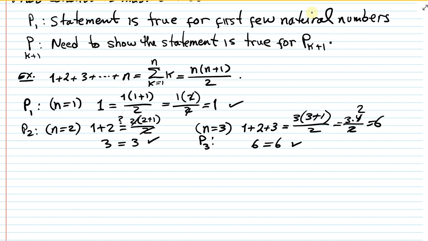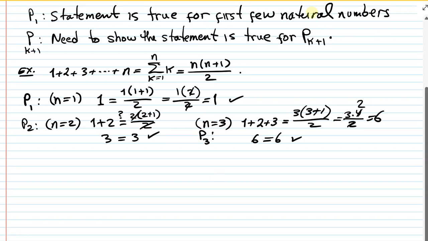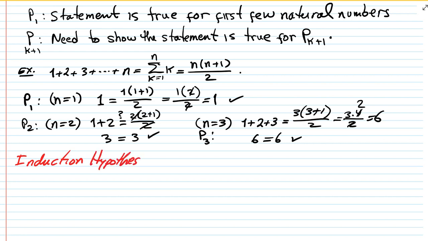Now, from this, we're going to create what we call the induction hypothesis. Okay, so let me write that. The induction hypothesis means a statement that we assume to be true. The induction hypothesis goes like this. We're going to assume that P sub k is true. What do we mean by that? Well, P sub k means when n is k.